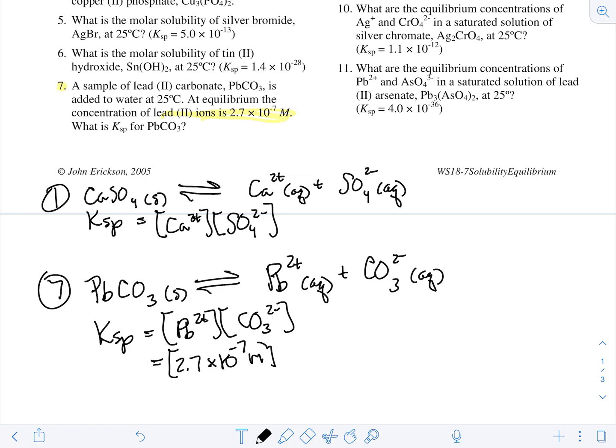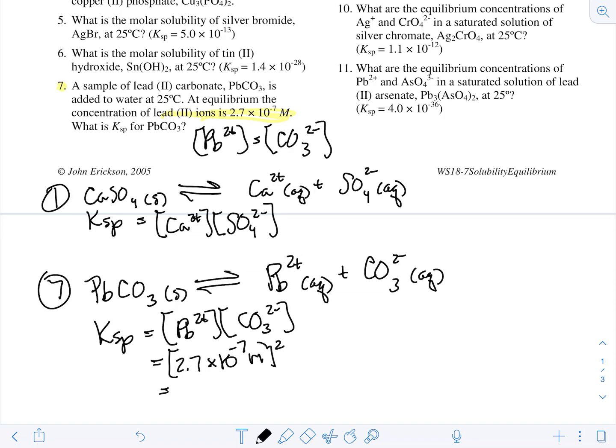Now I'm assuming, because this is a 1-to-1 relationship, that Pb 2+ is equal to the concentration of CO3 2-. I'm essentially going to square this. And when I do that, sorry, I've got to get my calculator here.